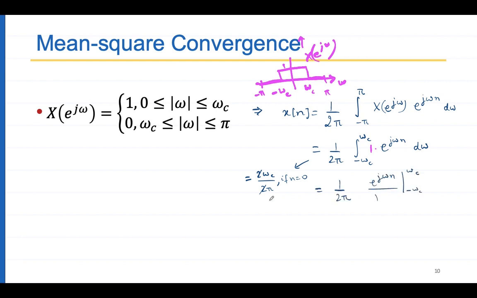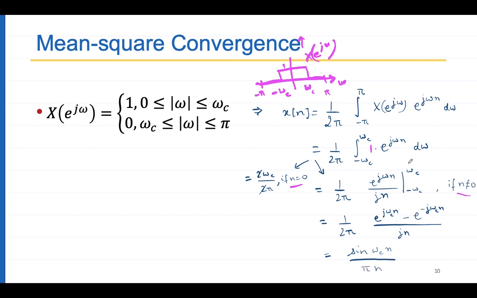But if n is not equal to 0, in that case the integration will be e to the power j omega n divided by jn, with limits minus omega c to plus omega c, right? And if you compute it, it will be equal to this. So this is simply sine of omega c n upon pi n, right?